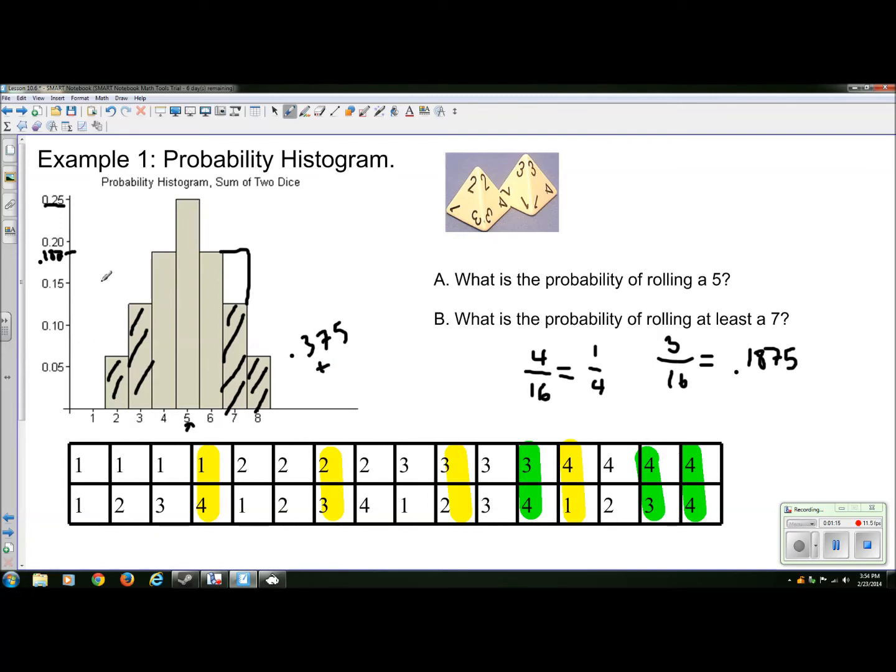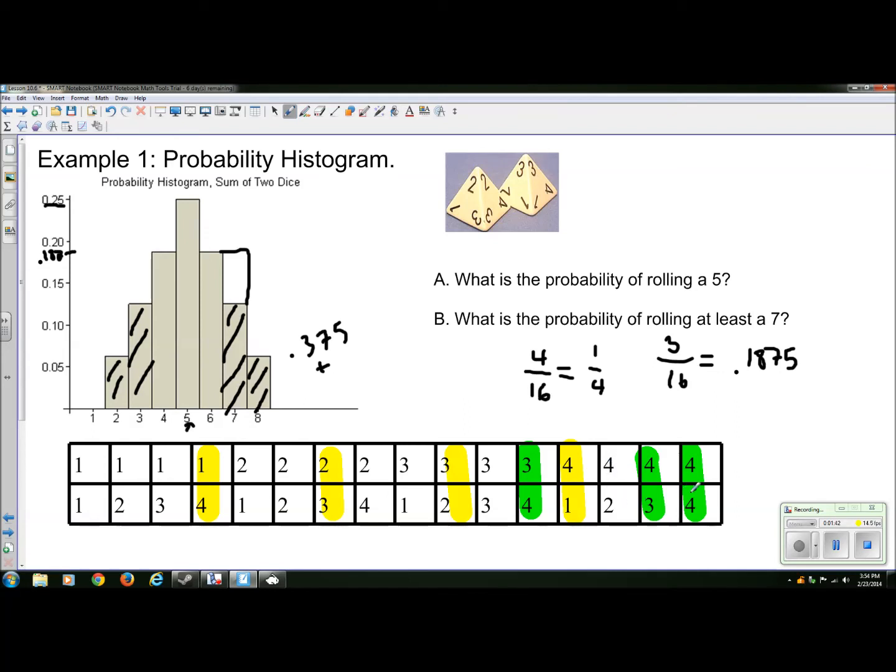And then I actually know that these are 0.875 as well. I can figure that out by saying what's the probability of rolling a 6? Well, that's 2 plus 4, there's one of them. Or 3 plus 3, there's another one of them. Or 4 plus 2, there's one of them.